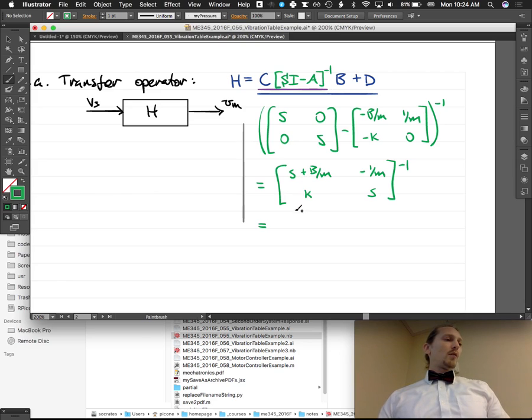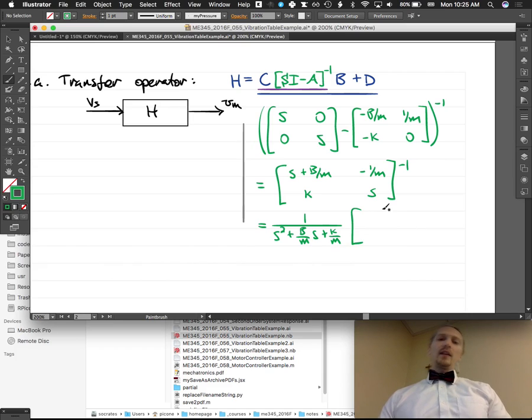What you do is you have to divide by the determinant. So there's a constant out here that is the determinant of this matrix. You guys remember how to compute the determinant? Yeah, so this times this minus this times this, right? So that's going to be S squared plus, distributing the S here, B over M S plus K over M. Right?